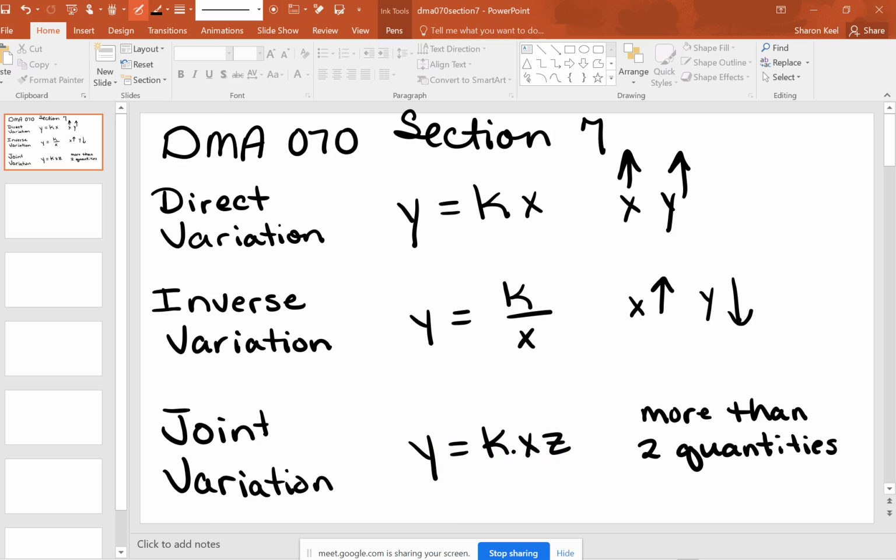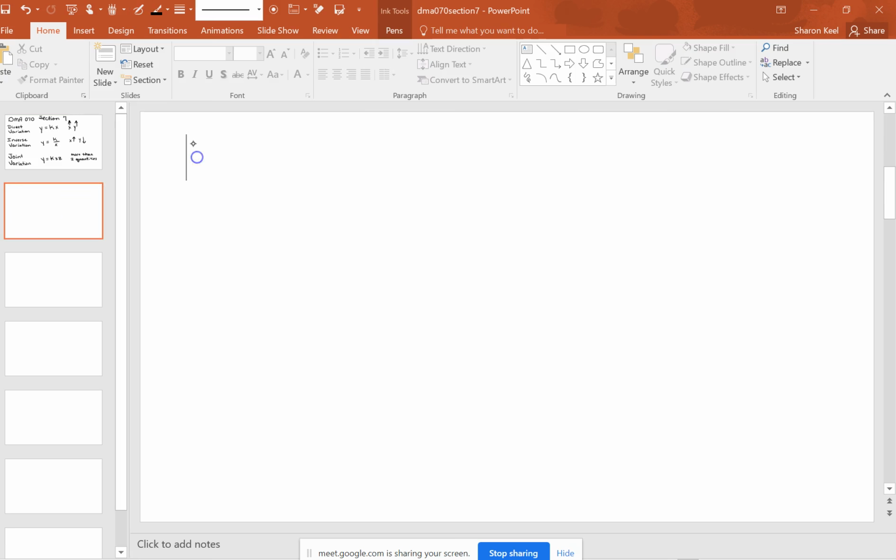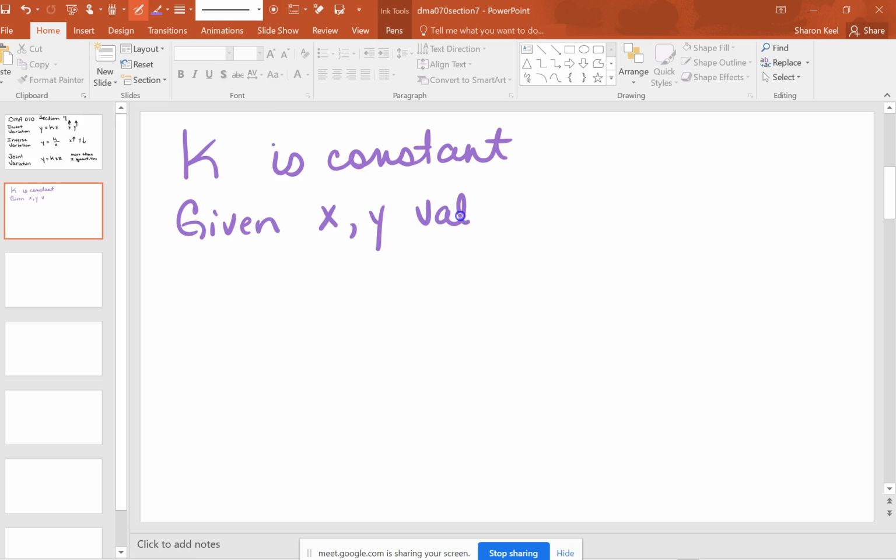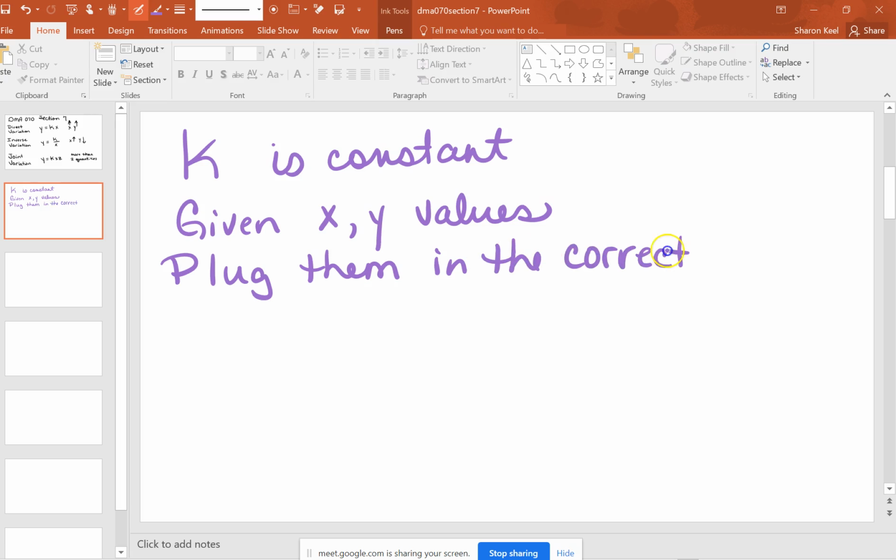Okay. Now, for all of these, you see the letter k in each of these. The k is what we call the constant. In a problem, you will be given x and y values. You're going to plug them in the correct equation, and you will solve for k.